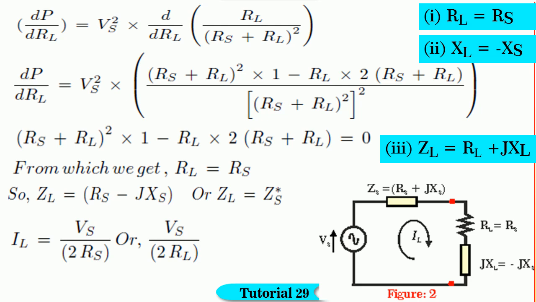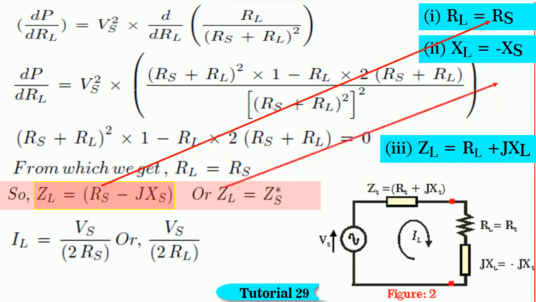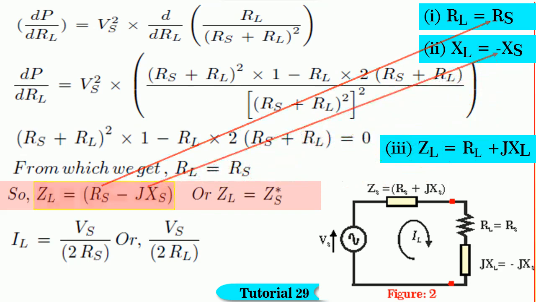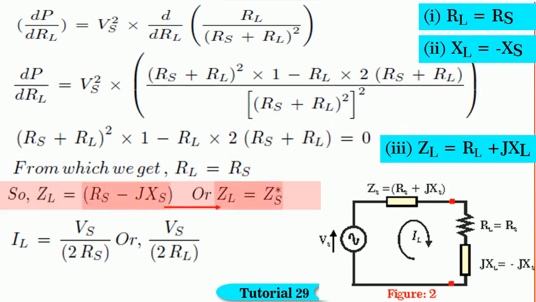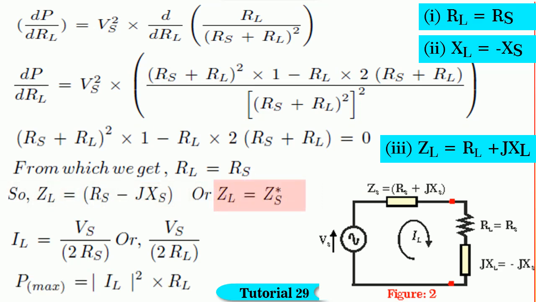Hence, for maximum power transfer across the load, we should have ZL equal to Rs minus jXS, or we can call this Zs conjugate. So, by substituting ZL equal to Zs conjugate, we have to find IL and mod of IL and then find P max equal to mod IL squared into RL. Is it not simple, friends?